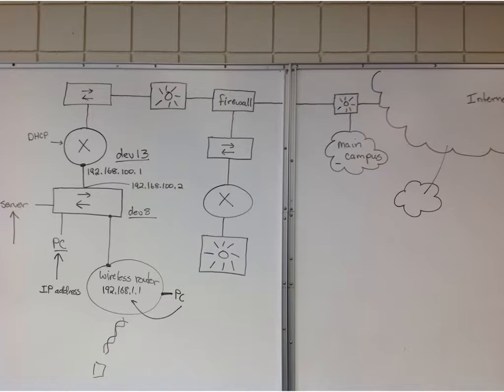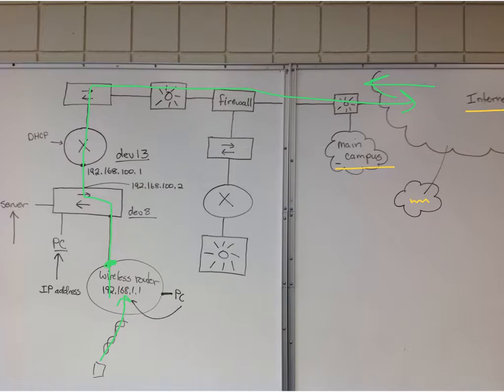So here's a bigger look at the picture. We've got the internet. We talked about accessing the internet, main campus, and eventually our goal is to be able to put a wireless router on here. This got an address by DHCP from up here, so we should be able to route out and eventually get all the way out to the internet and back.